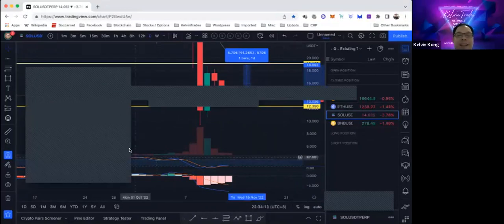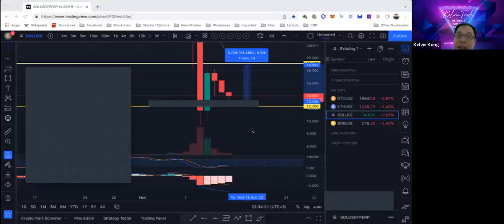Okay, for those of you who don't have time to trade, this is the plan I give you all. All right, fair enough. No excuse, okay. For the whole of next week, you only concentrate on Solana. Just Solana. Okay, ignore all the rest of the market.